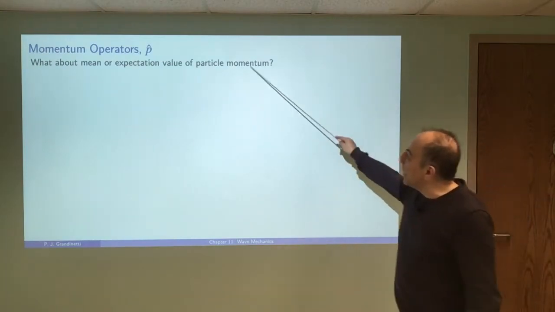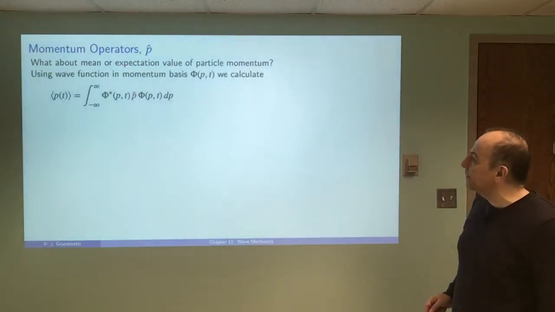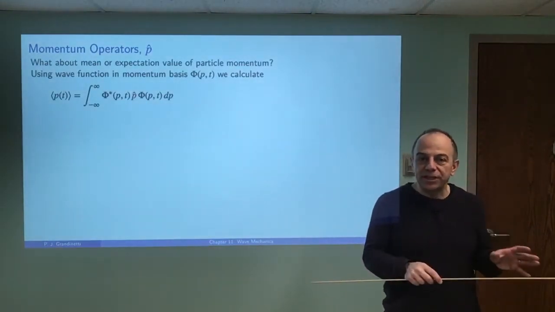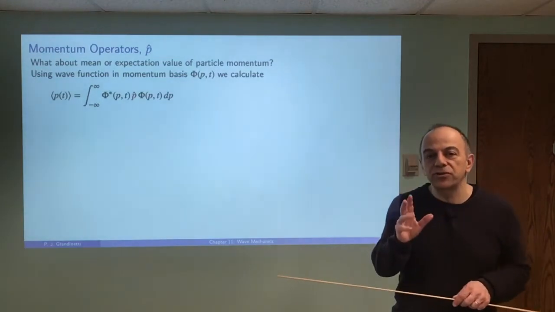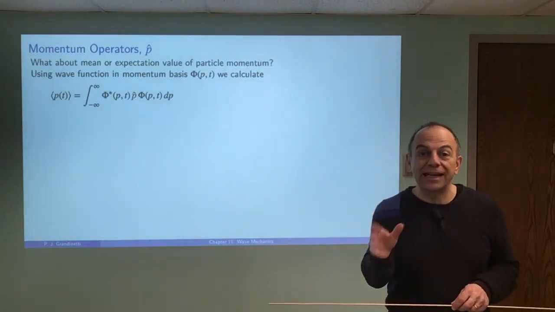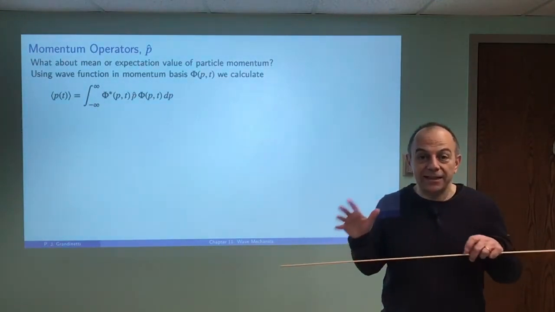So let's say we want to calculate the mean or the expectation value of a particle's momentum. We would adopt the same approach as we just did with the mean position, except now we're going to use the wave function in the momentum basis instead of the wave function in the position basis. And everything is going to look otherwise exactly the same.